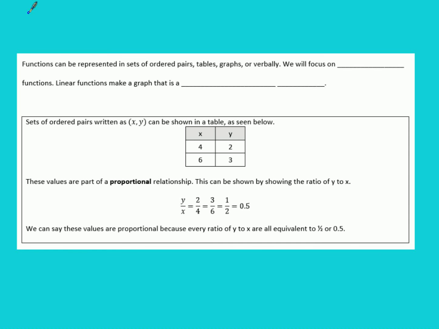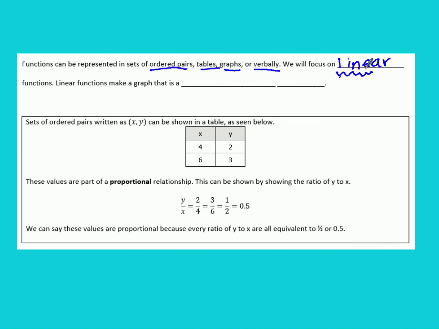Now, as we get into different sorts of functions in the future, the ones that we're going to be focusing on in Math 7 are going to be linear functions. You can see functions in all sorts of representations, so we'll be seeing them just as ordered pairs, in tables, on graphs, or we'll just talk about them verbally, like giving the description. So, like I said, we'll be focusing on those linear equations.